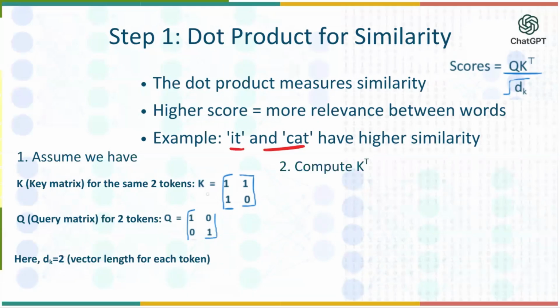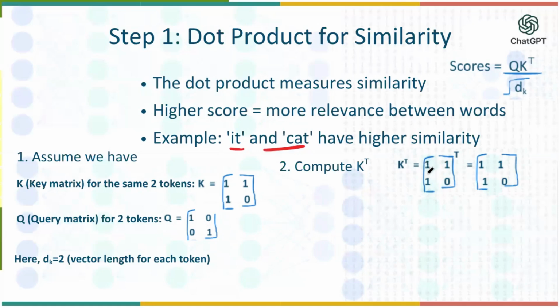Next, take the transpose of the key. This prepares us to compare every query with every key using the dot product. In this case, the transpose looks the same as the original key matrix, because in the transpose you just turn the columns into rows.